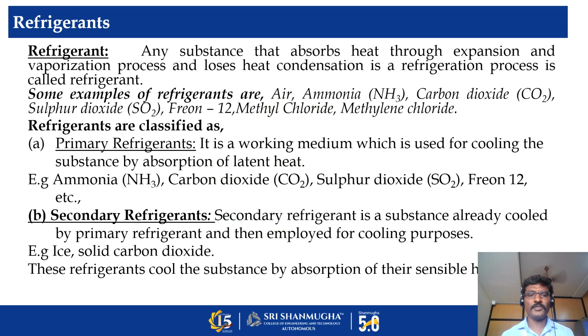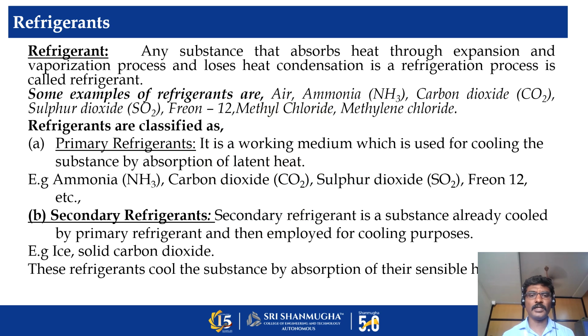Refrigerant. Refrigerant means any substance that absorbs heat through expansion and vaporization process and loses heat during condensation in a refrigeration process. Some examples of refrigerants are air, ammonia, carbon dioxide, sulfur dioxide, freon, methyl chloride and methylene chloride. Refrigerants are classified into two types, primary refrigerant and secondary refrigerant.